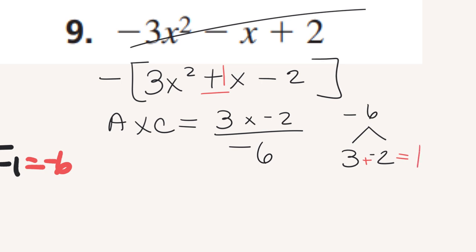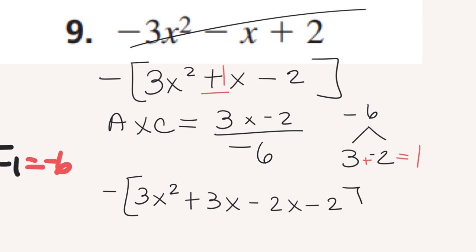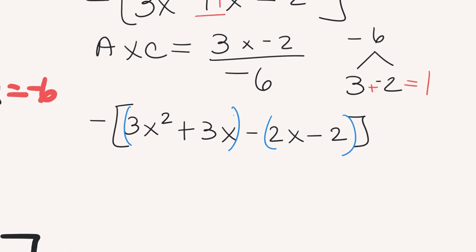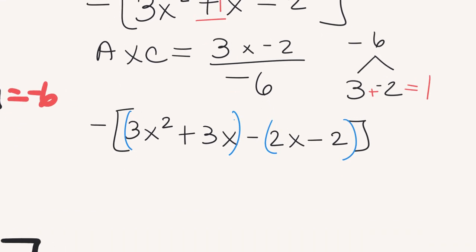Going to rewrite my equation. I'm left with negative on the outside. 3x squared plus 3x minus 2x minus 2. I'm going to separate them. What can I factor out here? I can factor out a negative sign outside. So inside I could factor out 3x. And I'm left with x plus 1.